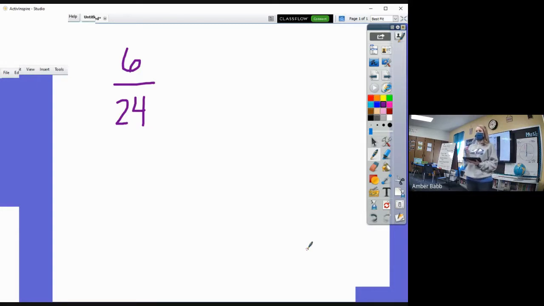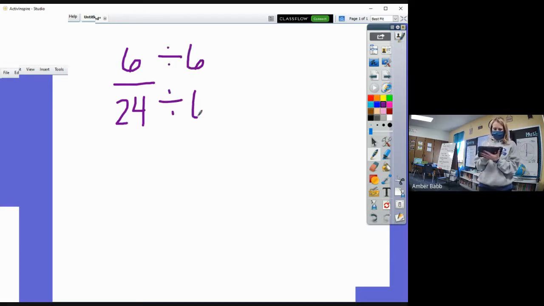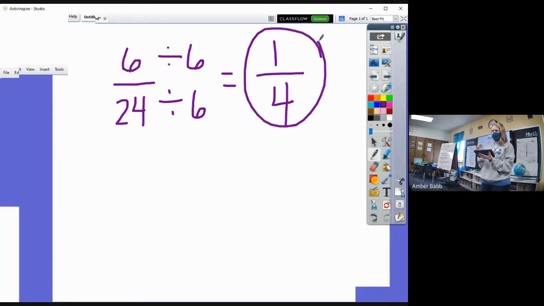You can divide both of these by 3. And you can divide them both by 6, which is the greatest common factor. So when you do that, 6 divided by 6 is 1, and 24 divided by 6 is 4. Your answer is 1/4.